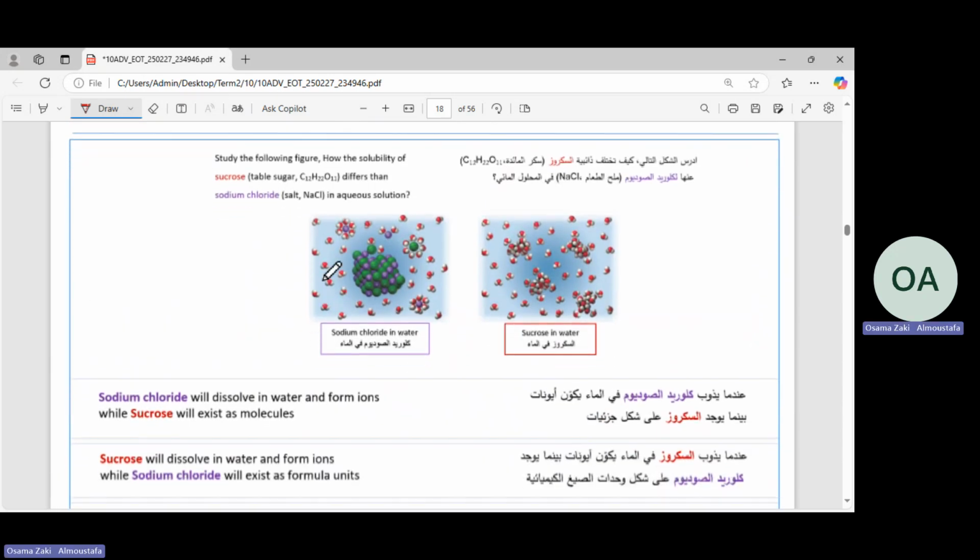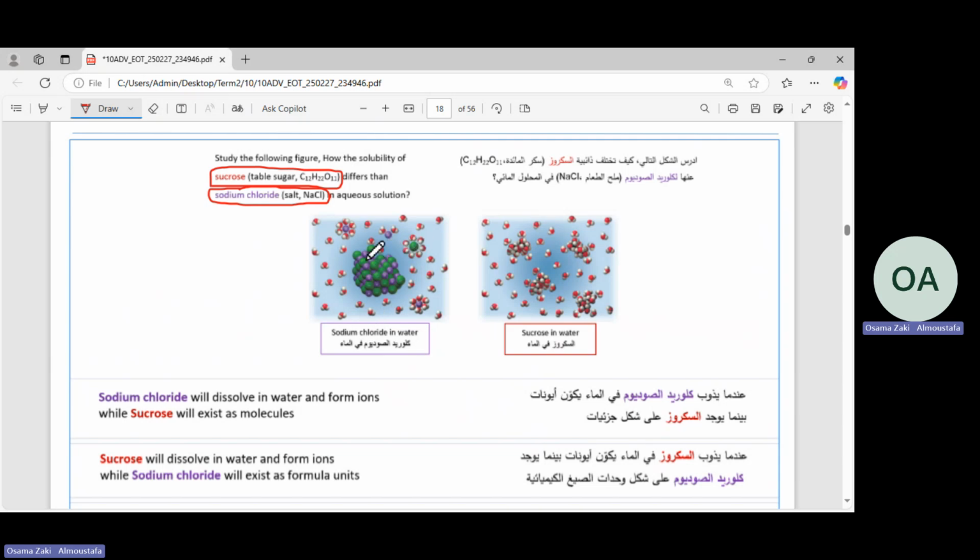Next question. Study the following figure. How the solubility of saccharose, table sugar, C12H22O11, differs from sodium chloride. So this is a compound which has covalent bonds. Here the sodium chloride is an ionic compound. Look at the sodium chloride.